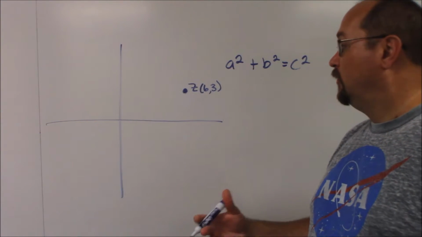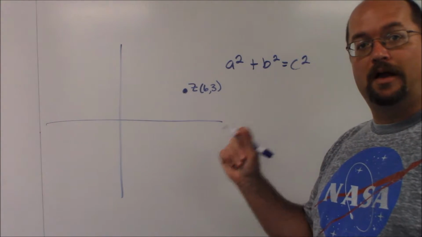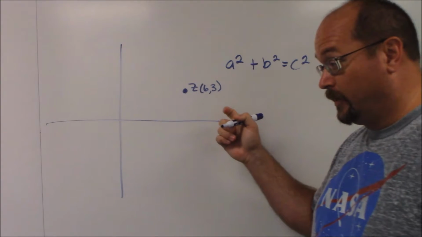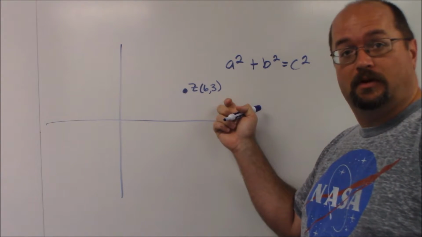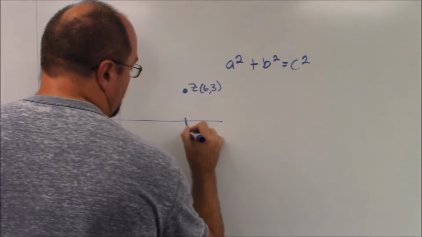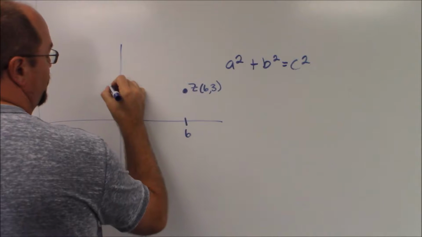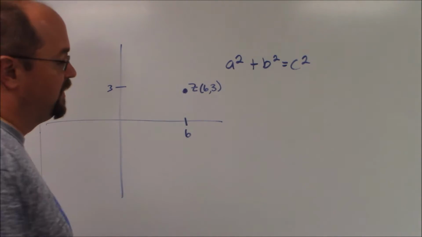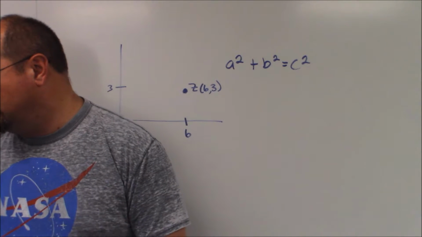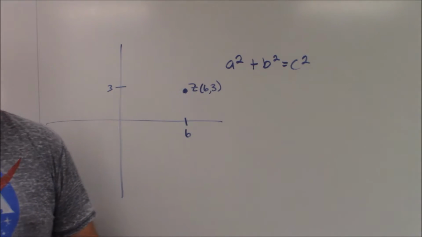So with this problem, we are actually asked to plot our second point. So our first point, Z, we're given at 6, 3. All right, so I've gone ahead and plotted that where x is 6 and y is 3. And now we've got to plot our second point, which we're told is 10 units to the left and then 5 units down.